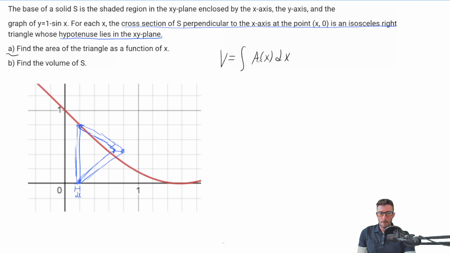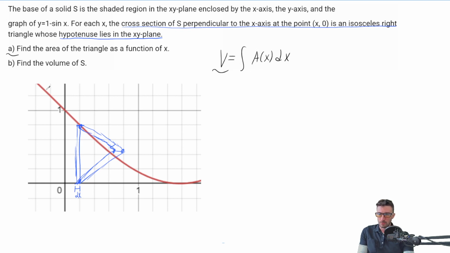But why am I writing this? Well, this is the formula that you use whenever you know the area of a cross section and you're trying to find the volume, which is what we're trying to do in part B.